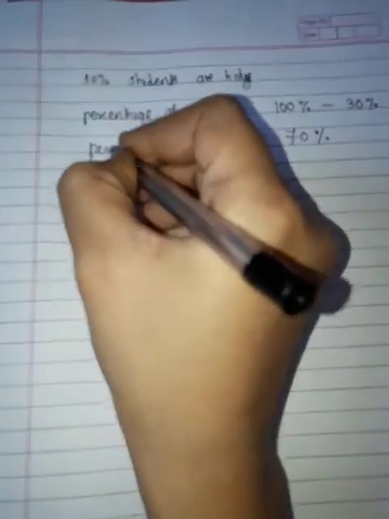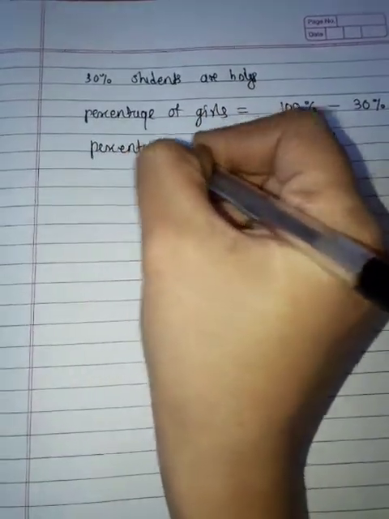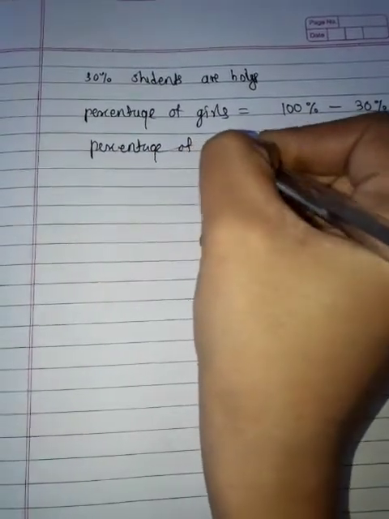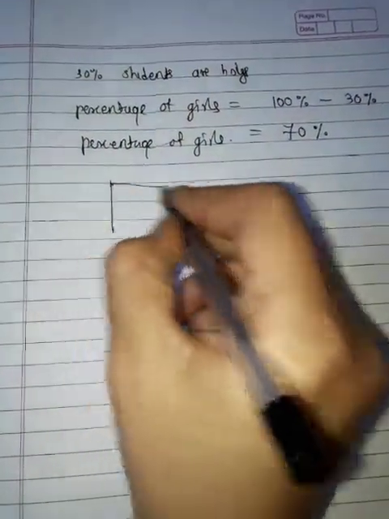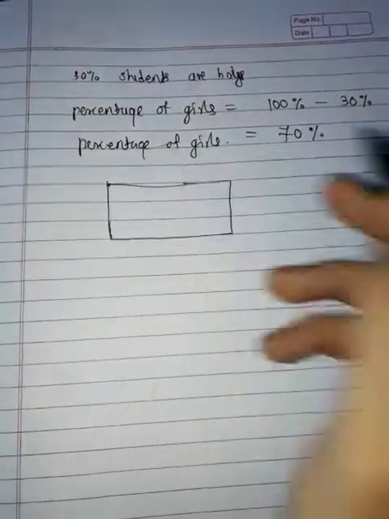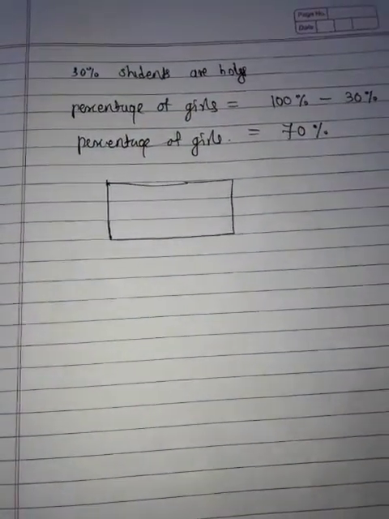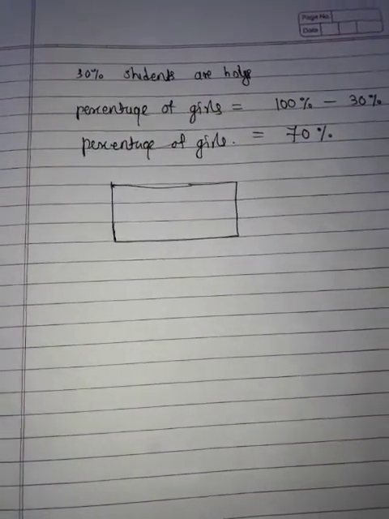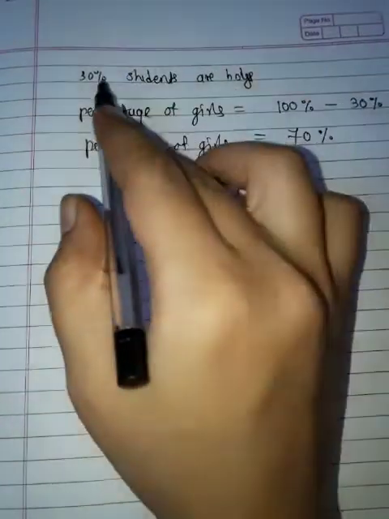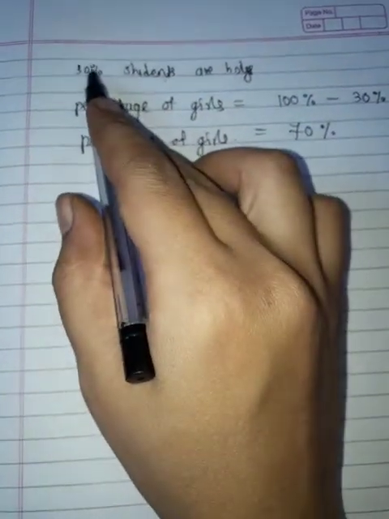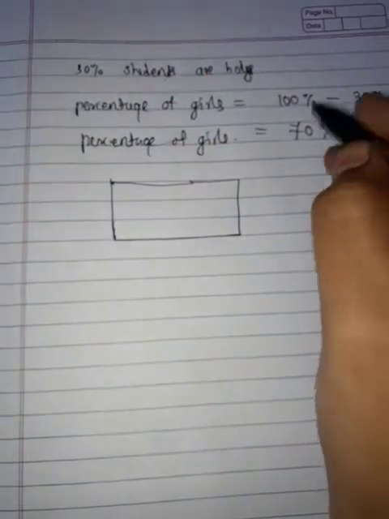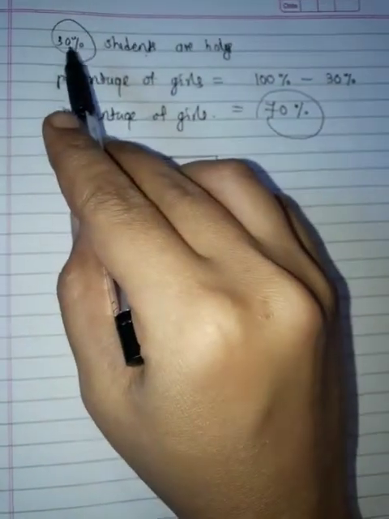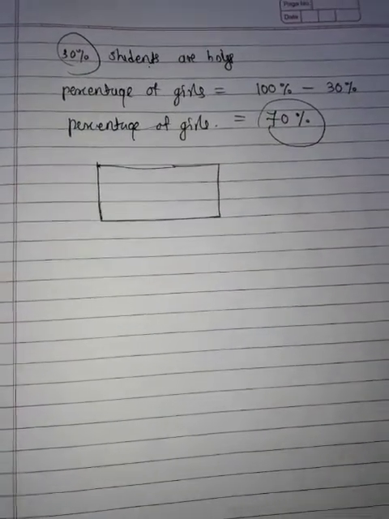Means the percentage of girls is 70%. I have told you, when we add all the parts, it must give 100%. So if 30% students are boys, then obviously 70% students are girls. Means in that class 30% students are boys and 70% students are girls.